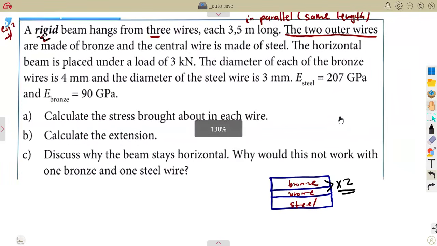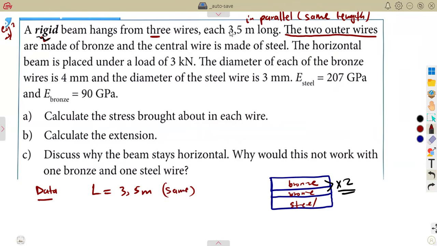So let us consider our information. Our length is given for all of these: the length is equal to 3.5 meters, the same for the bronze and the steel. The two outer wires are made of bronze.